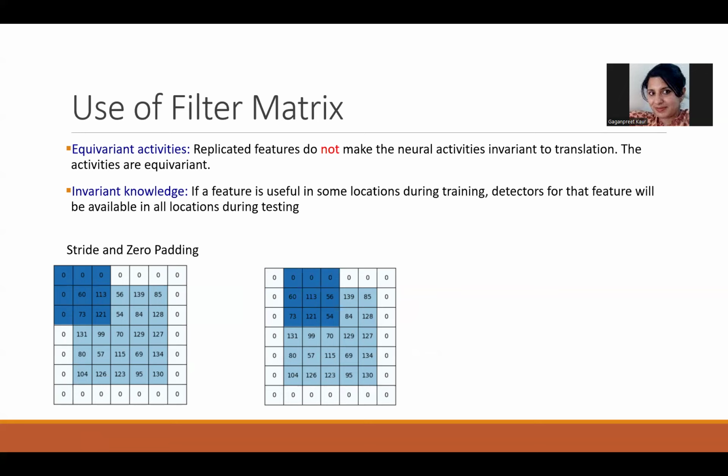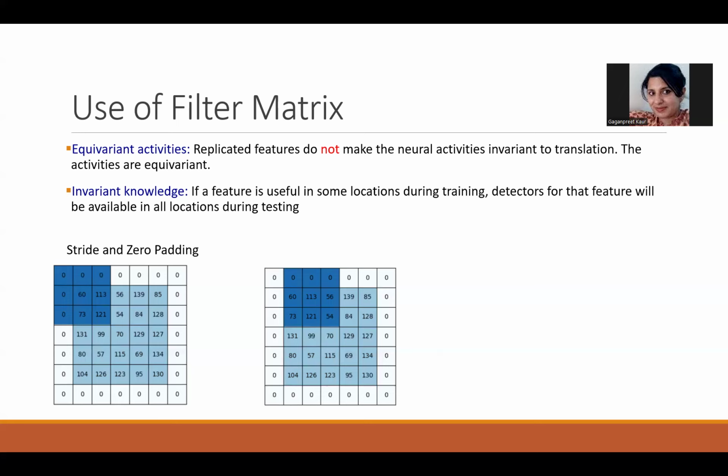Now what is the use of this filter matrix? We traverse the same filter matrix across the whole image and convolve, so what is the benefit? First, I am distributing the weights, which makes it invariant to translation.